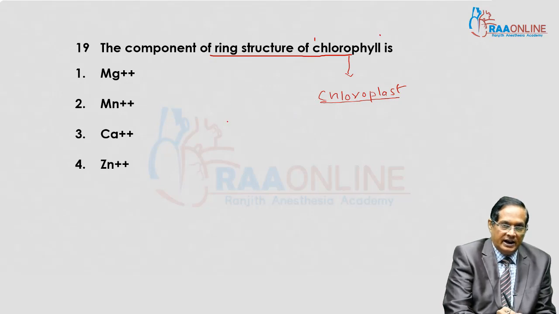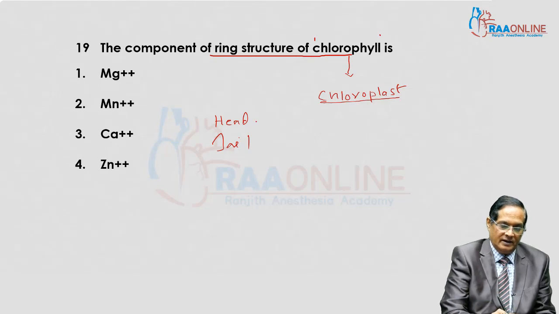This pigment has two parts: number 1 the head and number 2 the tail. The head of the chlorophyll is called the magnesium porphyrin head.